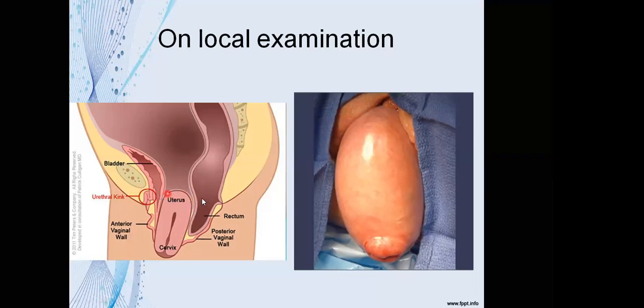Now what happens is that when the uterus is dragged downwards, since there is a pouch between the anterior wall of the uterus and the urinary bladder, and similarly from the posterior wall of the uterus it is reflected on the rectum, when this comes down it drags the posterior wall of the urinary bladder along with it, plus it pulls the anterior wall of the rectum along with it.